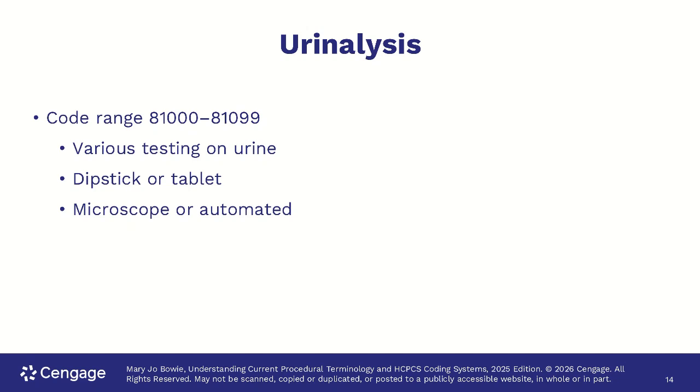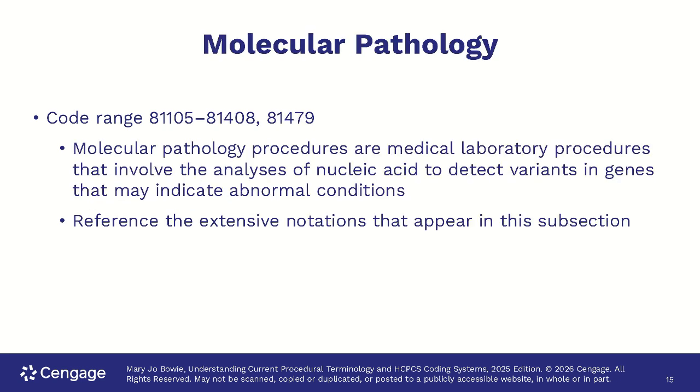This is something not like a computer tablet, but the urine is tested with a tablet. And basically, it's like for stuff in the office, right? But if a microscope or an automated test is used, you want to capture that instead.